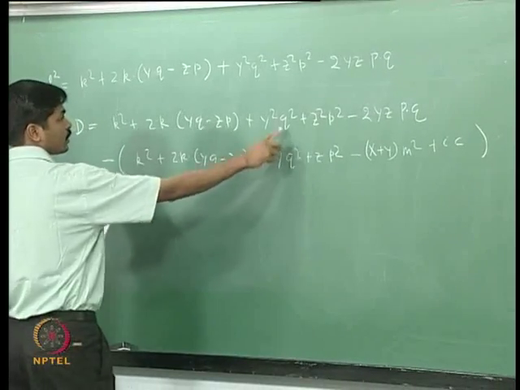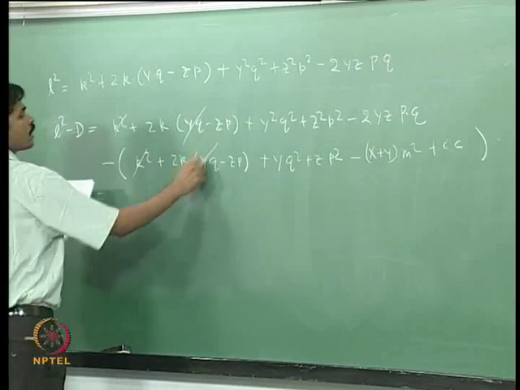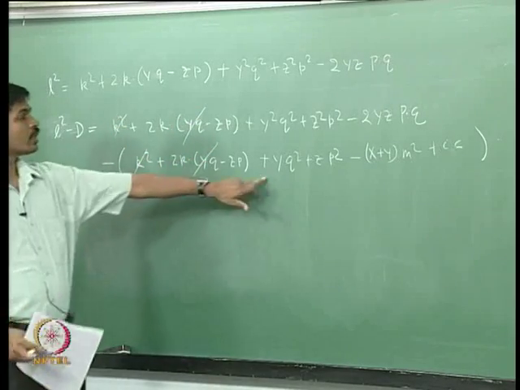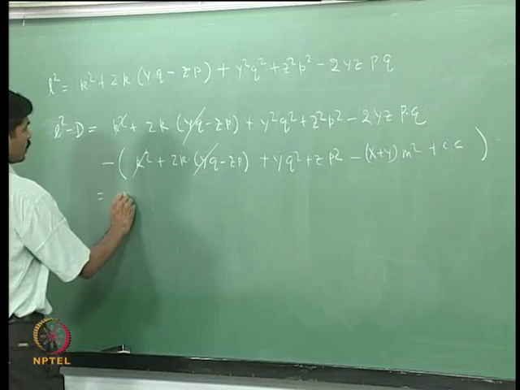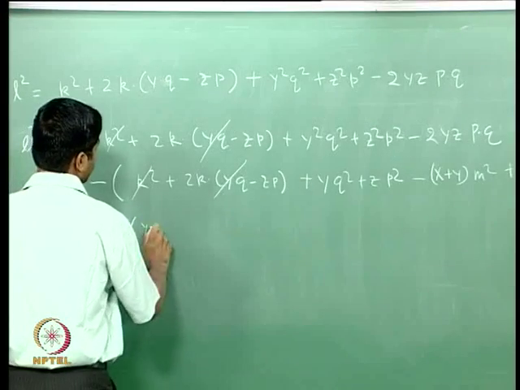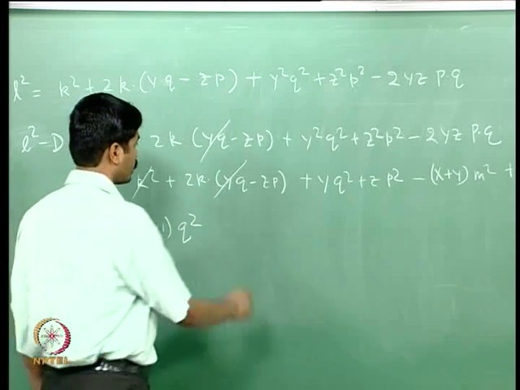P square is of course m square. So, this term cancels, this term cancels. Remember, they do not cancel here. So, it is just y into y minus 1 q square. Q square is not 0.